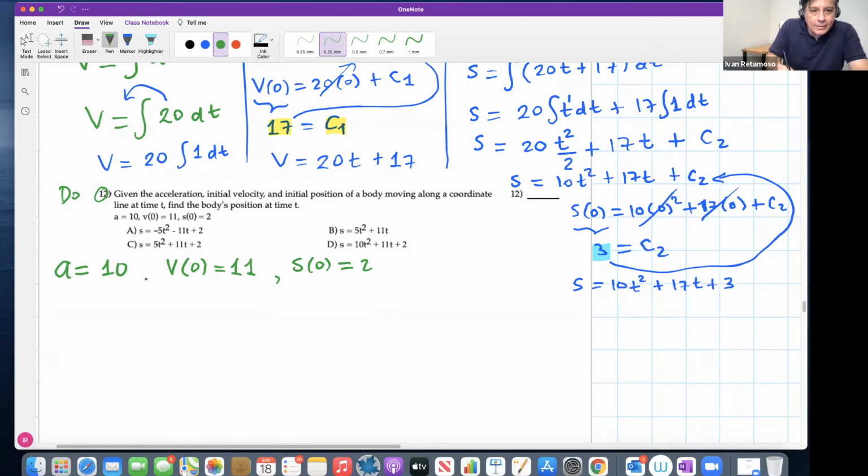Combining these 3 pieces of information, figure out what is the position function, right? And I will write out here the first step, which is to go backwards from the acceleration to the velocity via this process of integration, right? So start with this and then continue, guys. Continue there.